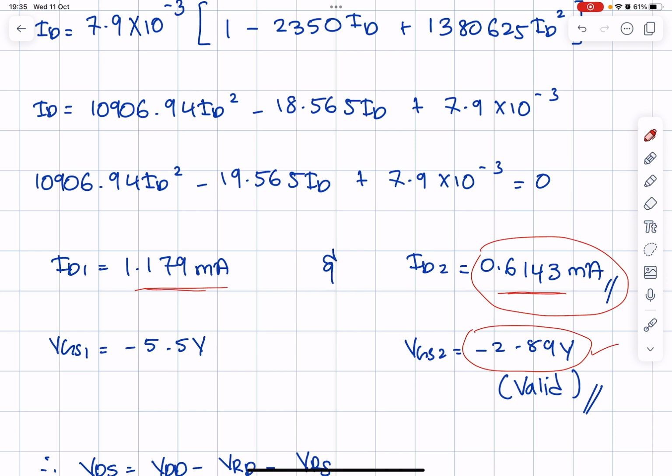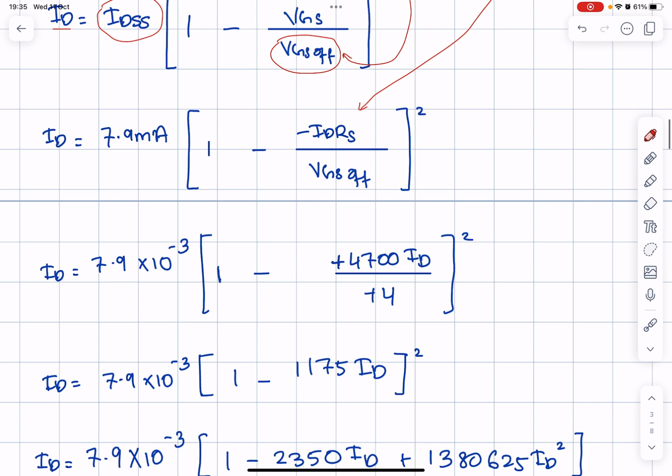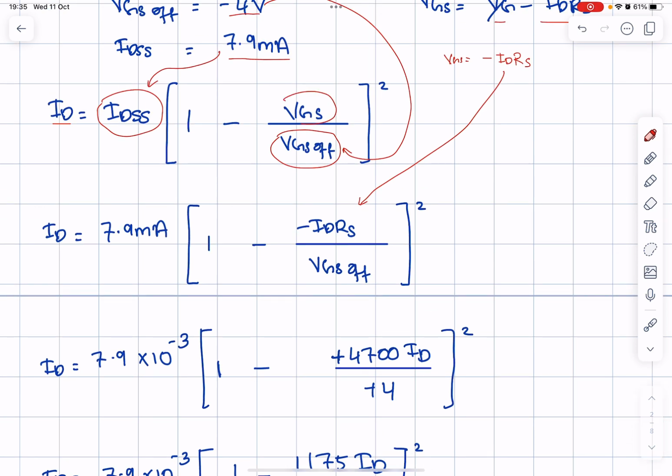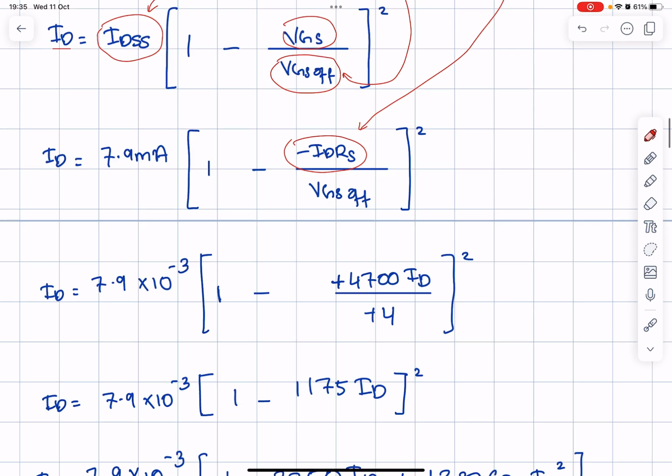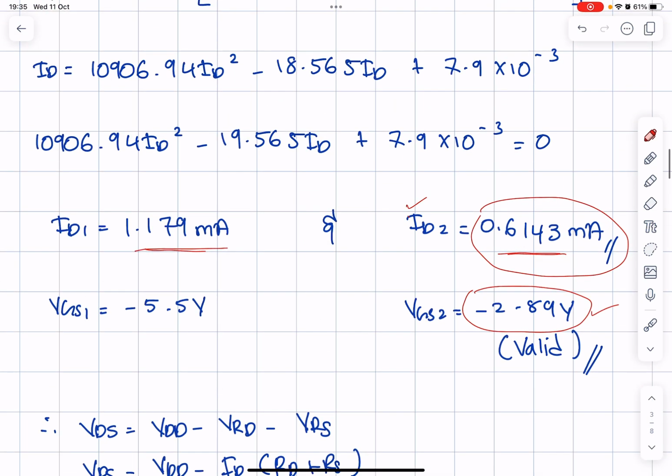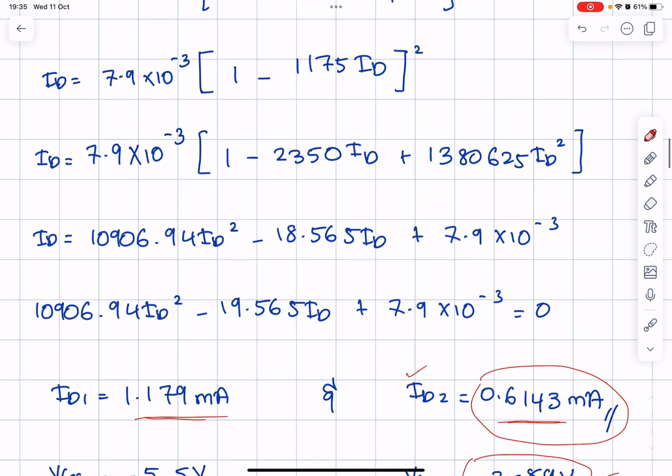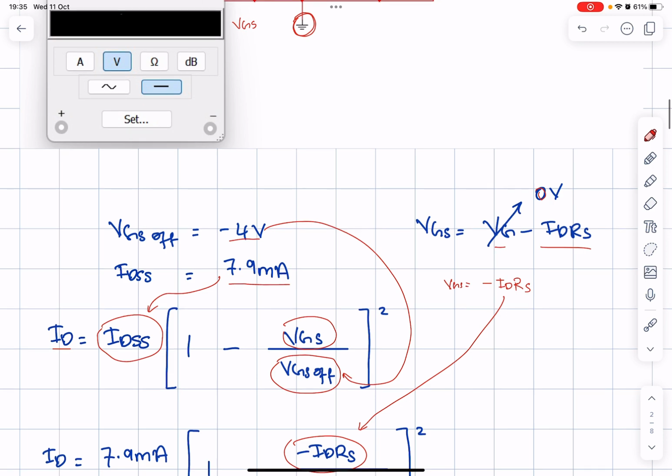To check the drain current, you insert the drain current value back into VGS here, which is equal to minus IDRS. As you can see here, the VGS1 is equal to minus 5.5 volt. But your VGS off here is minus 4 volt.